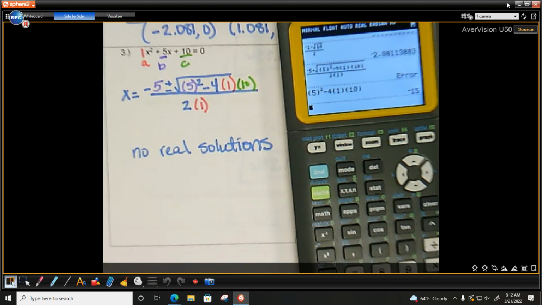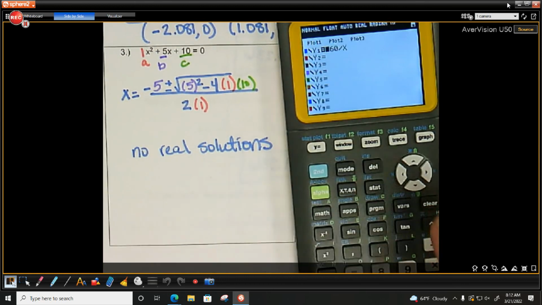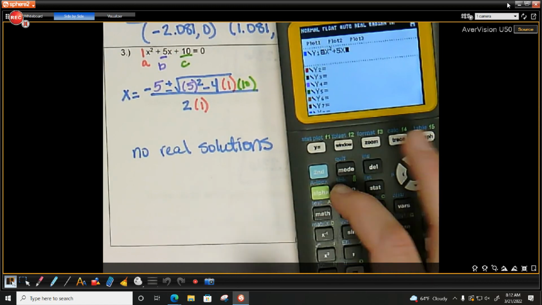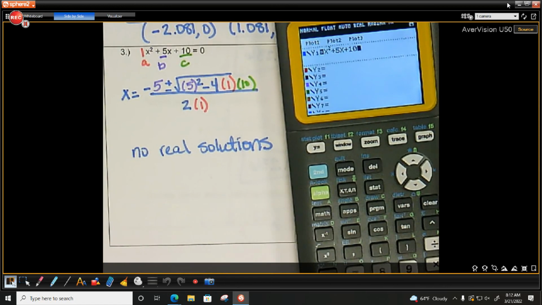Could you graph it to check to make sure you did it correctly? x squared plus 5x plus 10. Anytime I have no real solutions, I am graphing on my calculator to make sure it does not hit the x-axis.